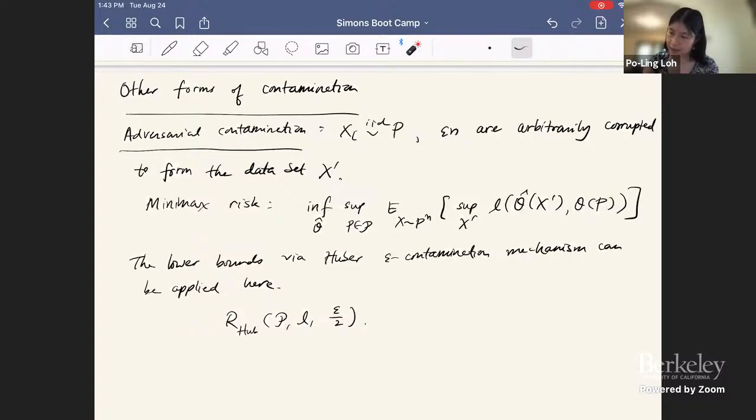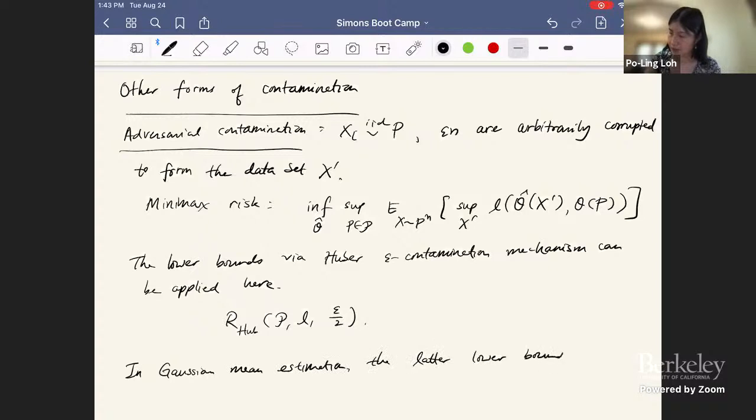And for instance, in the case of Gaussian mean estimation, the latter lower bound is also tight. Okay, so the point is that the adversary is in general a stronger form of contamination.